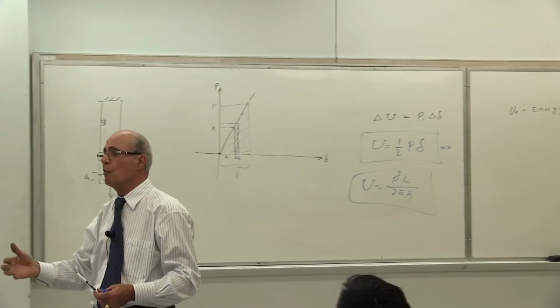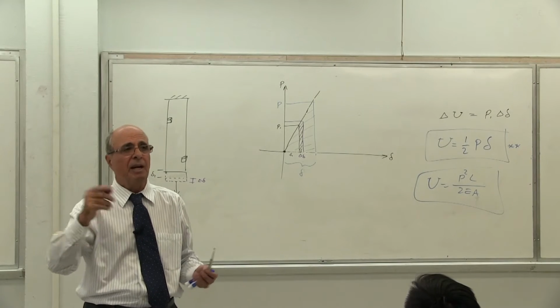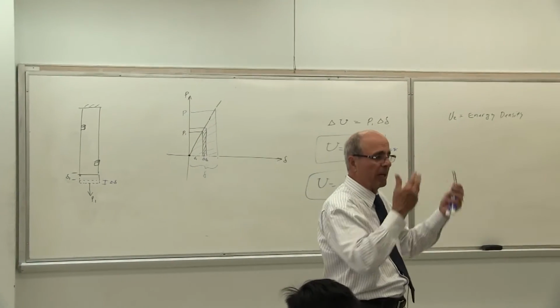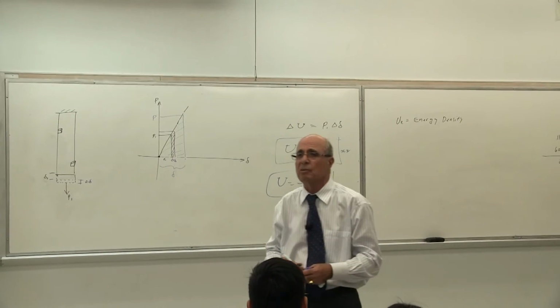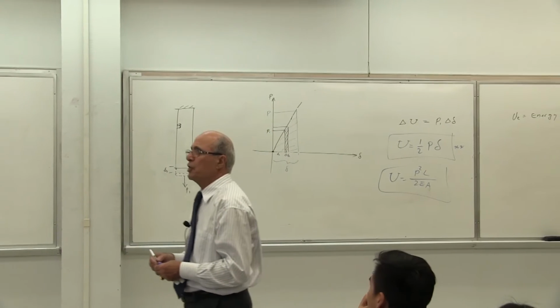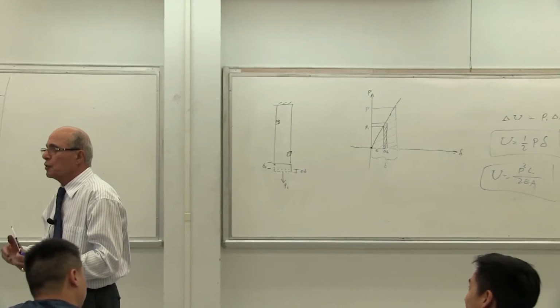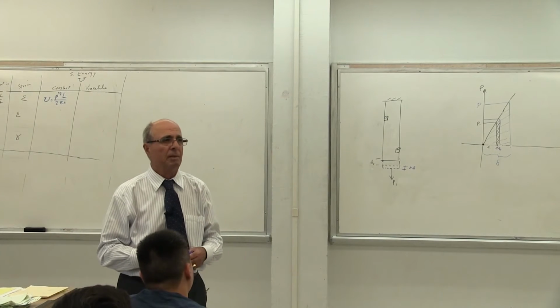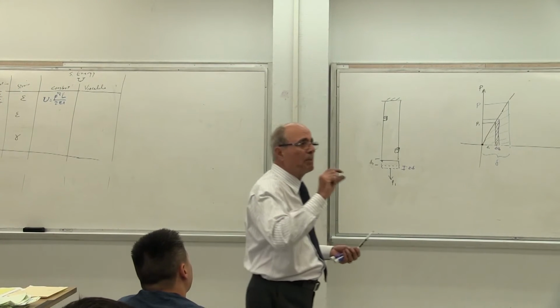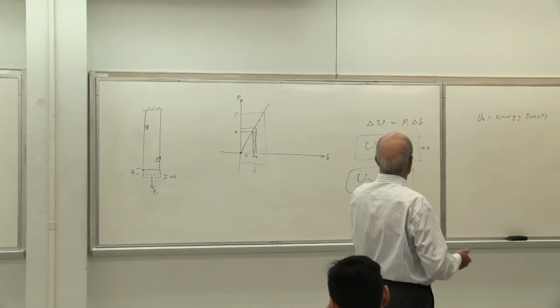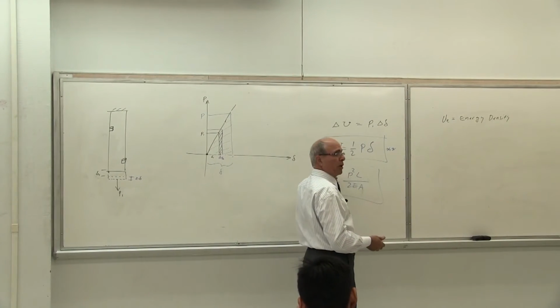What's the difference between delta and epsilon? Everybody should know that by this time. Delta is the total axial movement or deformation. What's the epsilon? The amount of deformation per unit of length. Here this is total energy.